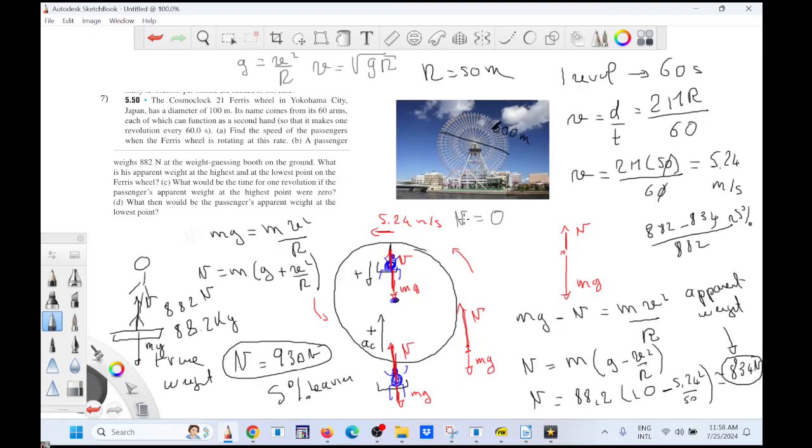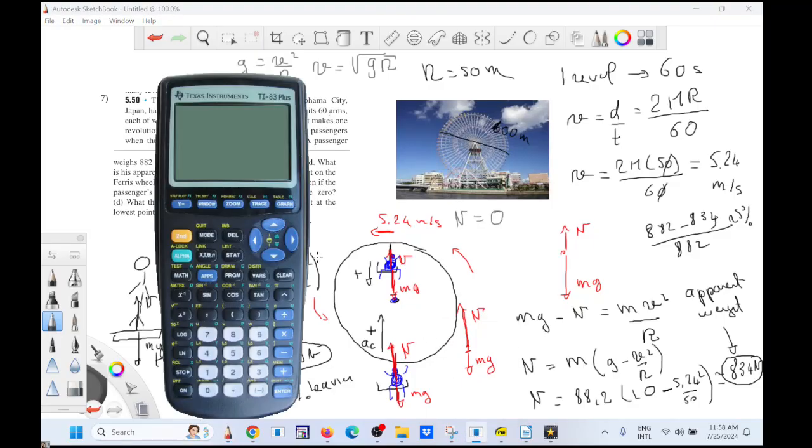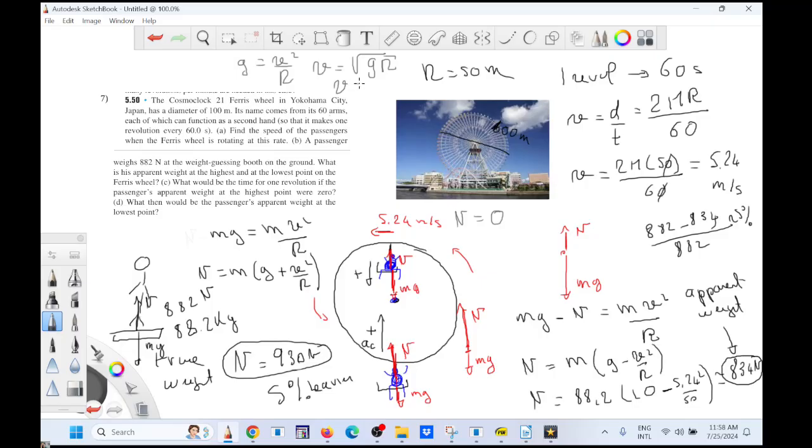And that will be the square root of 10 times 50, which is 22. So if you go beyond that speed here, off you go, right?